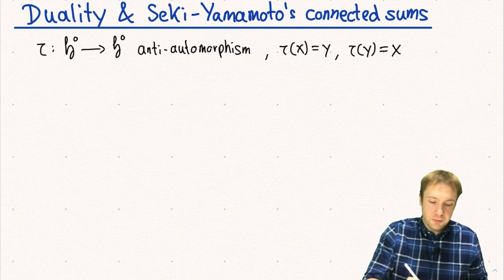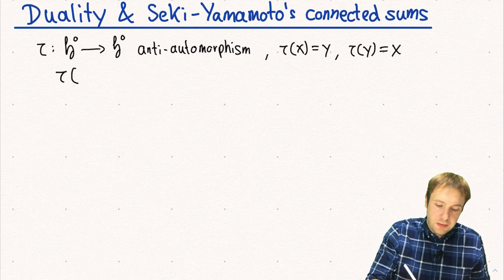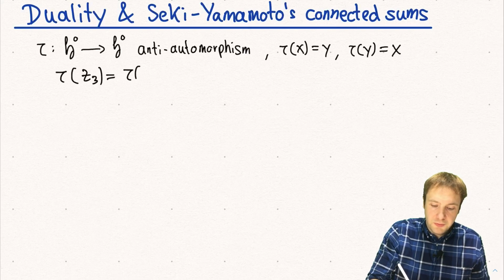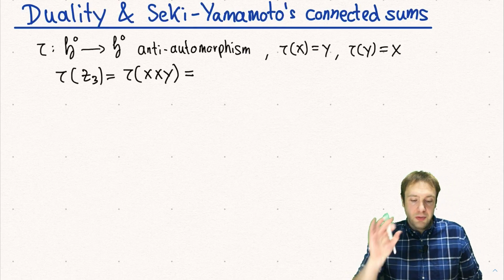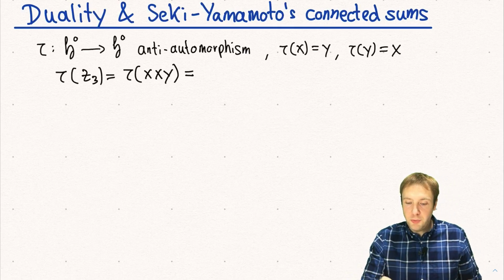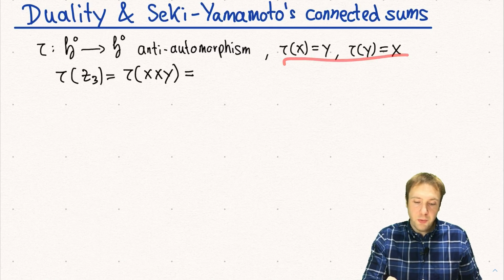So for example, tau of the word z3. z3 was the word xxy. Anti-automorphism means we need to reverse the word, and we need to change the x's and the y's.